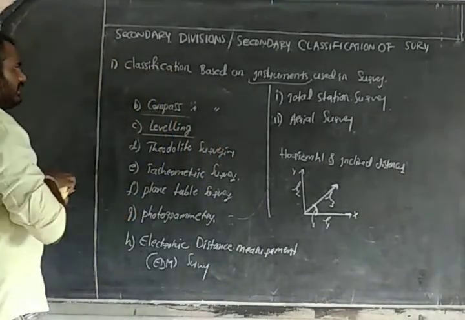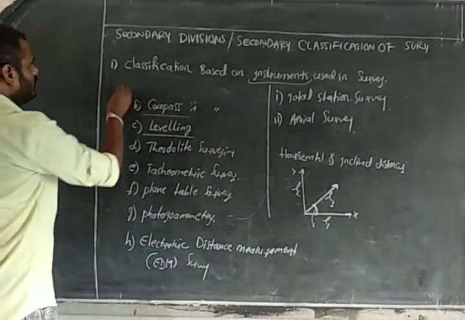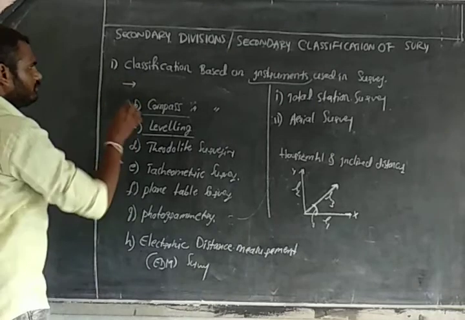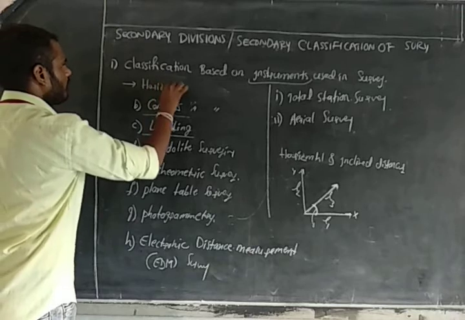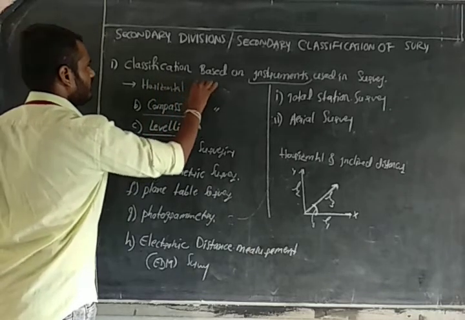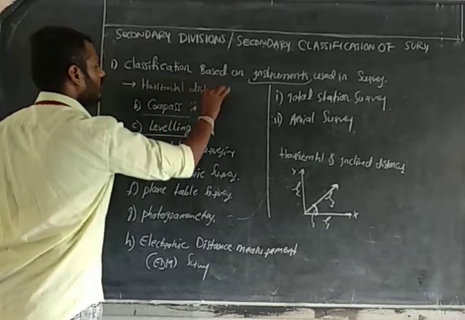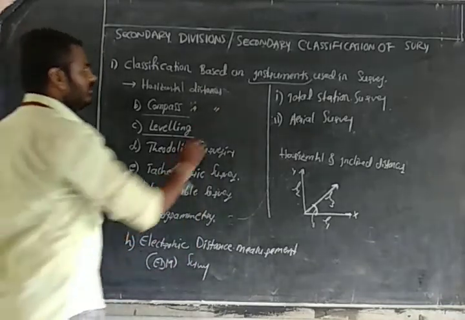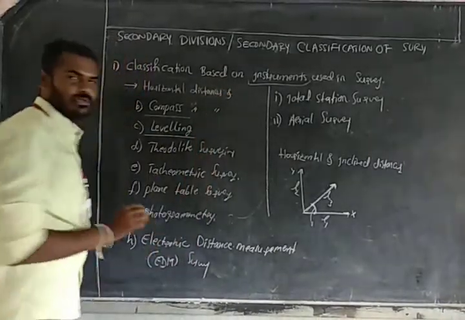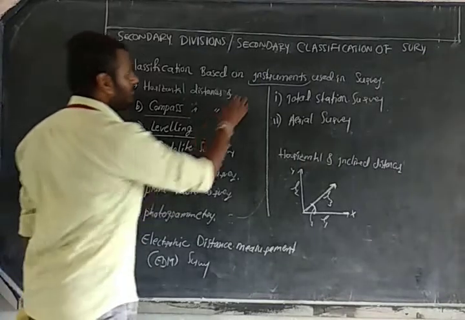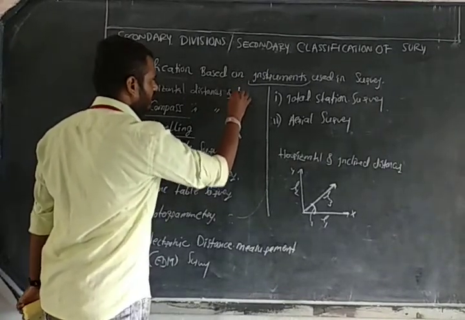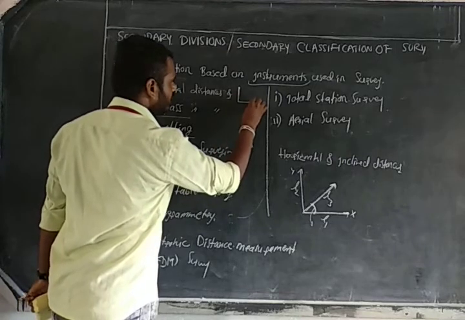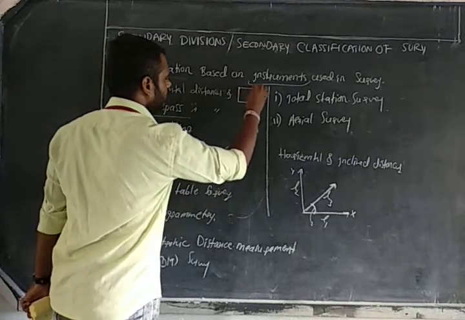In chain surveying, it is possible to measure horizontal distances with the help of chains, and you can also measure the area by combining. Suppose I measure the length of this particular line, then measure another length, 4 sides.